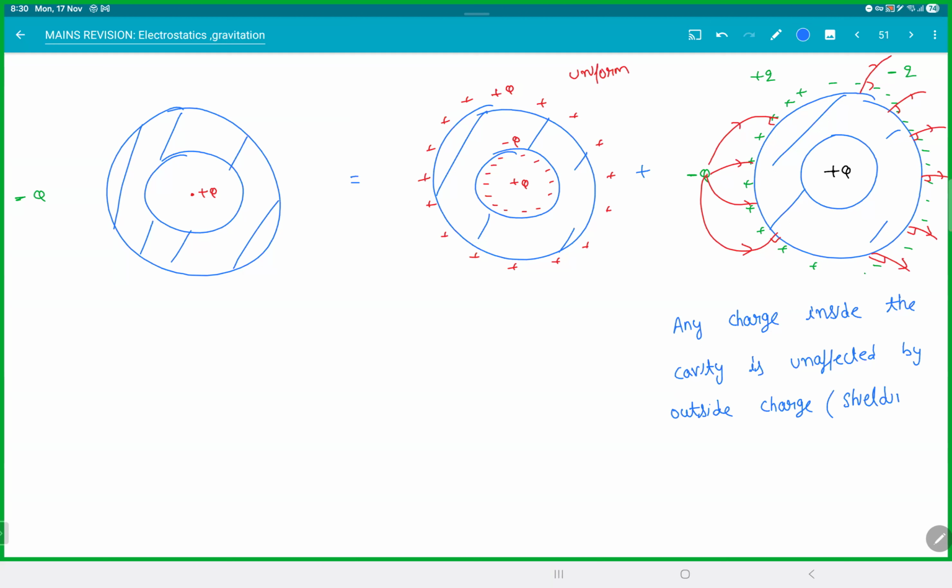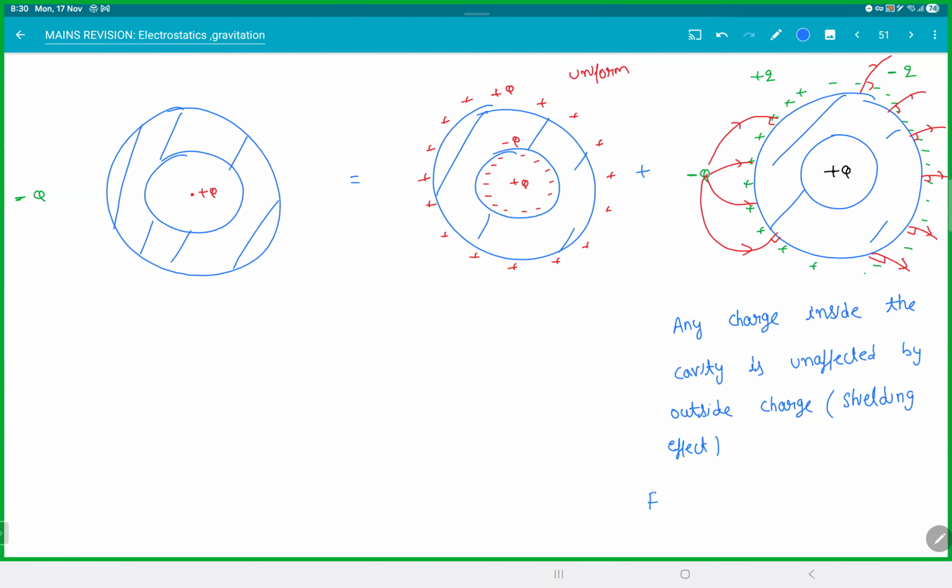If I ask you this question, is minus q not attracting plus q? Yes, it is attracting. Are the induced charges, this small q and minus small q, not attracting plus q? They are attracting, but together it is 0. Are you getting it? Together they don't interact with anyone.